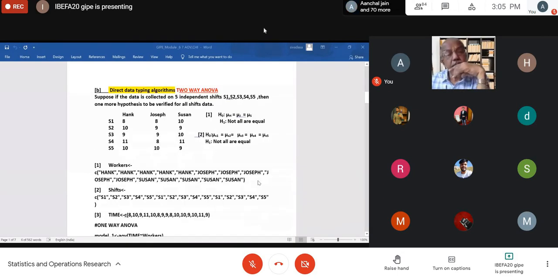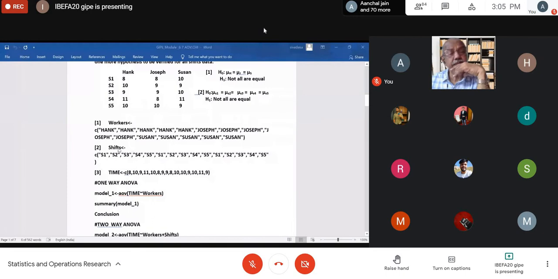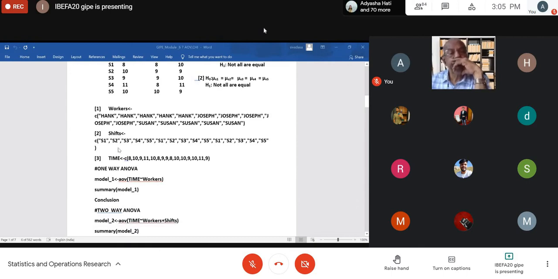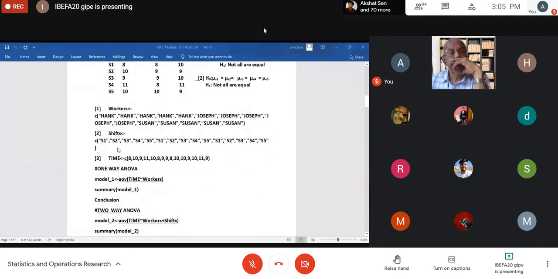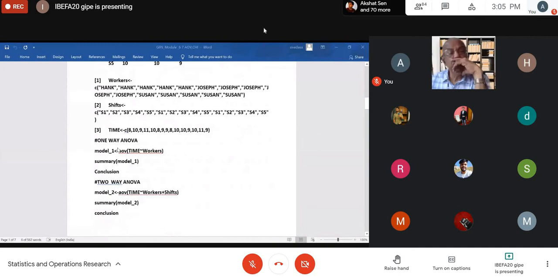So one more time you have to type the data, shift. Do AOV function one by one, time with worker and time with shift. That is what I'm showing you.